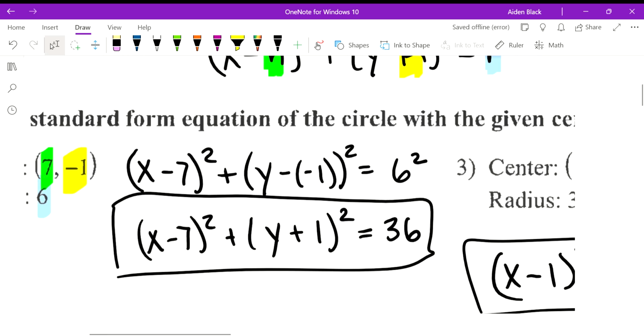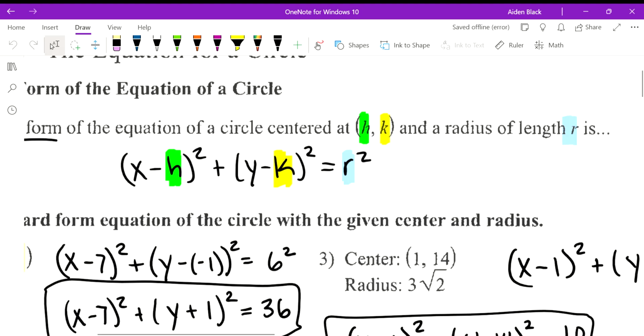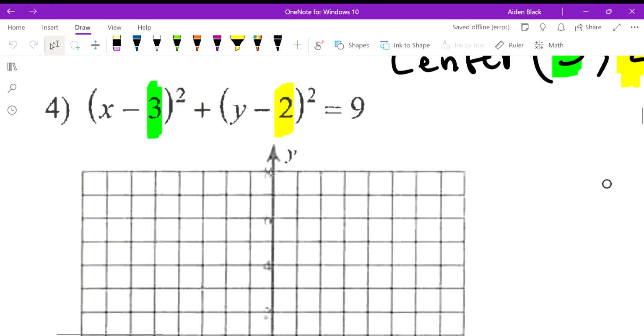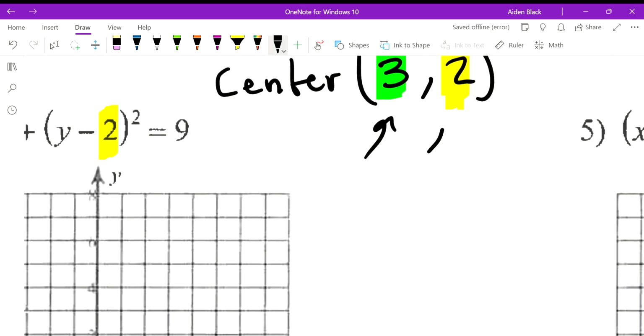So if your h and k were negative, then you'd have, for example, x plus 1, or x plus 2, or y plus 1, or y plus 10. But in this case, both of these are negative, so we know that both of these should be positive.